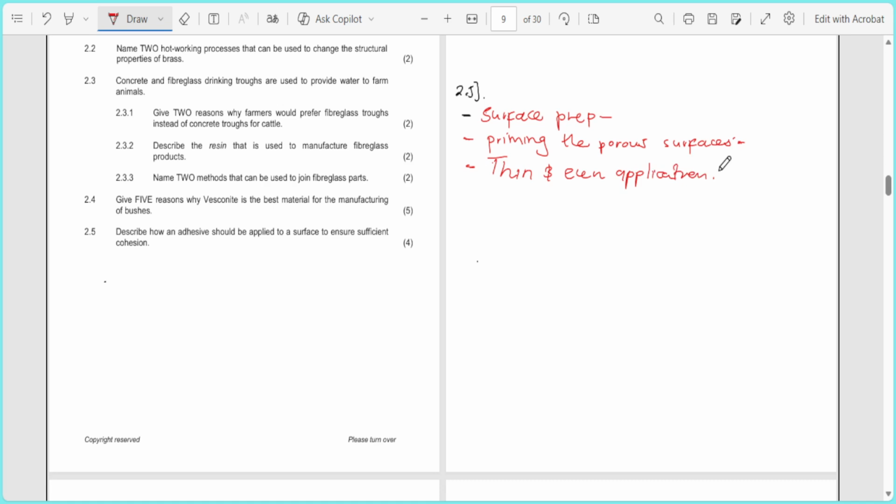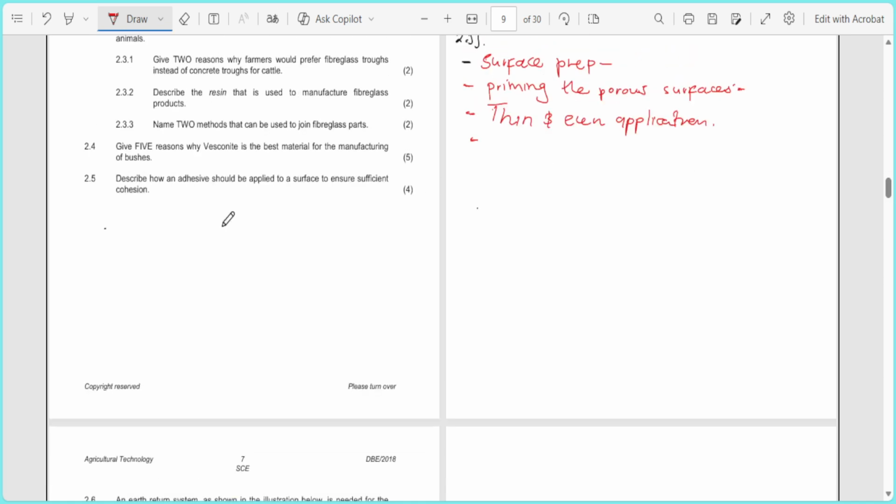So we are trying to create a situation where the adhesive, when applied, provides an even layer and is also thin. If this is not achieved, it will create weak points, reducing the shear strength of the bond between the two materials. This is another key phrase in the description of this question.